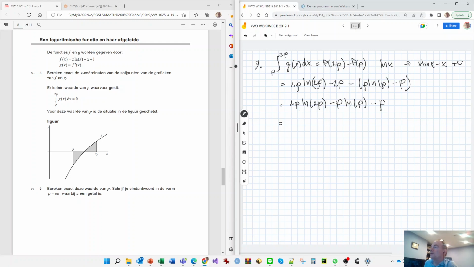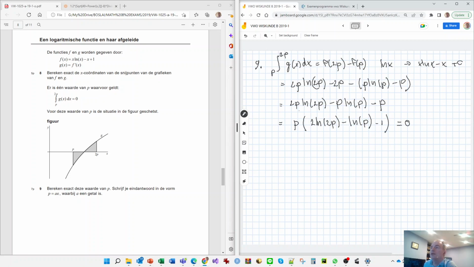So what I can do is, I obviously see there's the common factor p, and I get 2, well, let me still write it out, minus log p minus 1, and let me already just set it to 0.